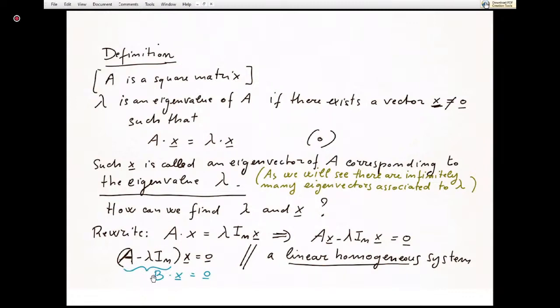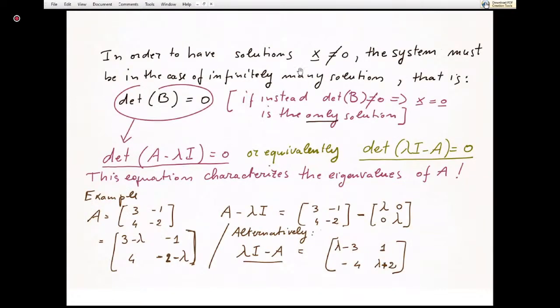Otherwise, if the determinant is different from 0, it will have only the 0 solution, but we are not interested in this case. So the only situation we have to explore is when the determinant of B is 0. Okay? This is a key point. So in order to have solutions x that are different from 0, we must be in the case of infinitely many solutions.